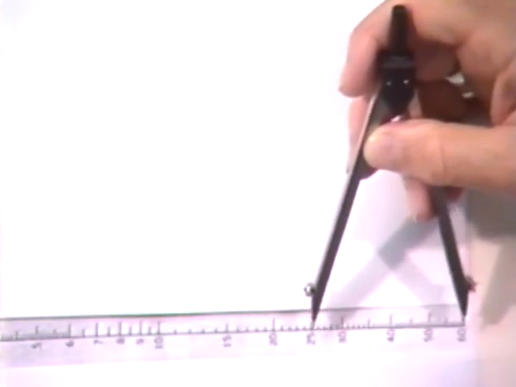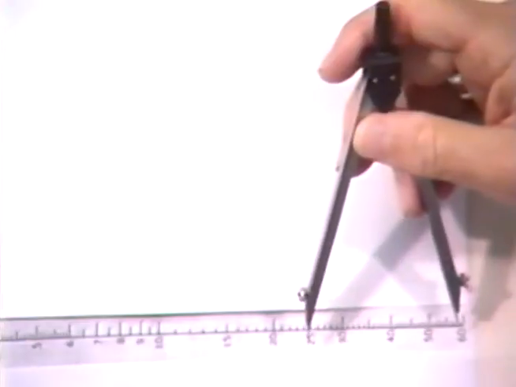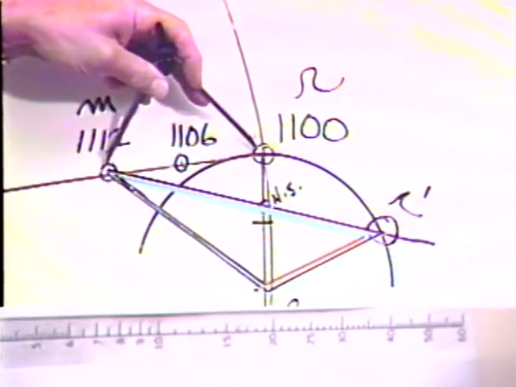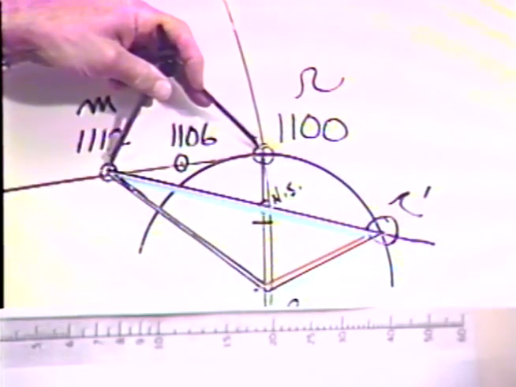Now let's look at the problem that we have on the board here and see what we can do with it. You remember this problem, 7/6. This was our relative speed. If we measure the distance between R and M, this distance, remember that you cannot take this measurement and go over to the logarithmic time, speed, and distance scale. You can only bring numbers to that scale.